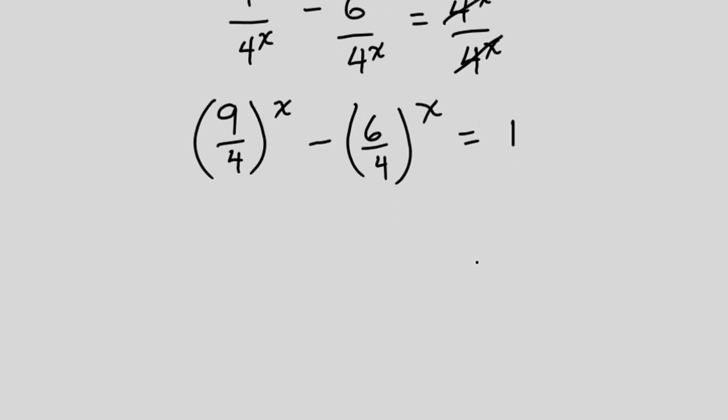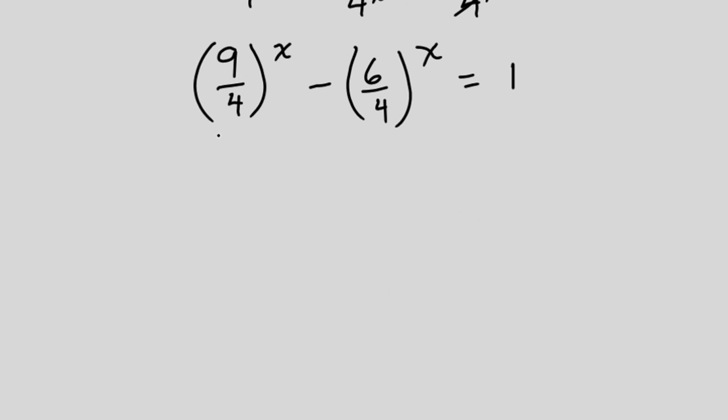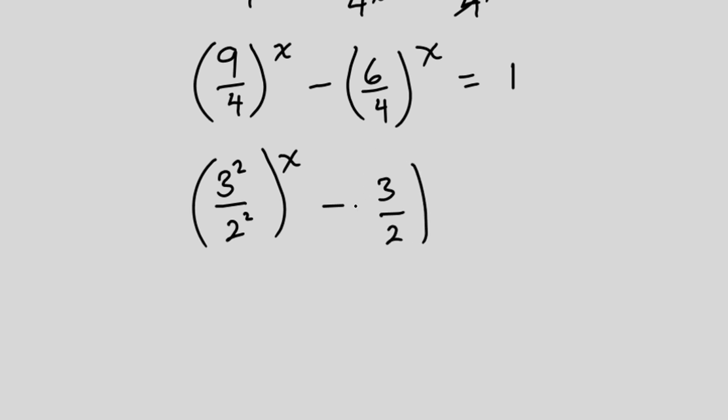Now, 9 could be written as 3 to the second power, then 4 could also be written as 2 to the second power, then all to the power x. Minus, 2 goes into 6 3 times and goes into 4 2 times, then all to the power x is equal to 1.